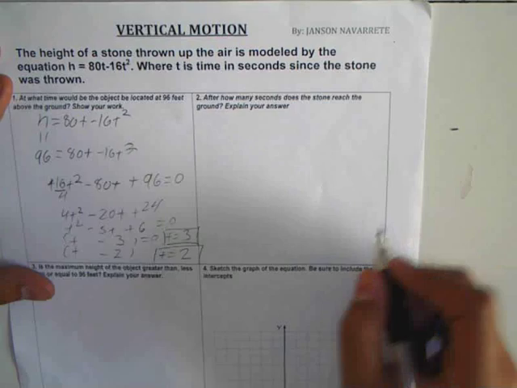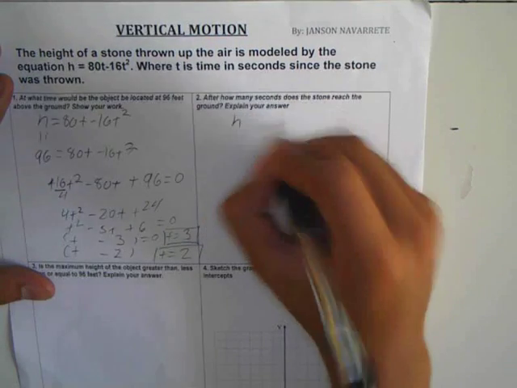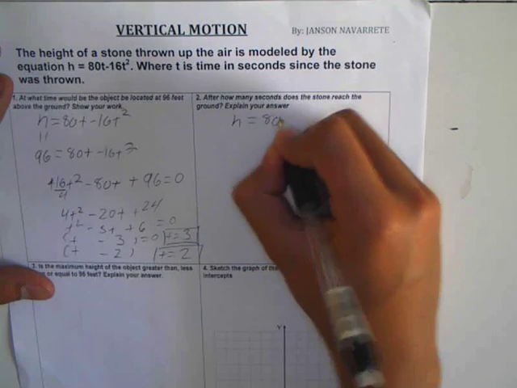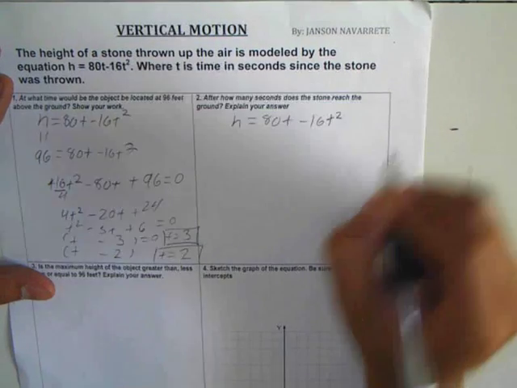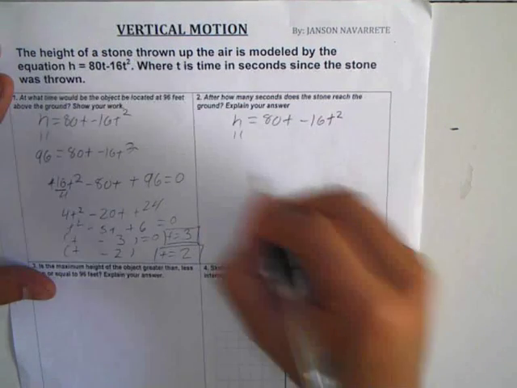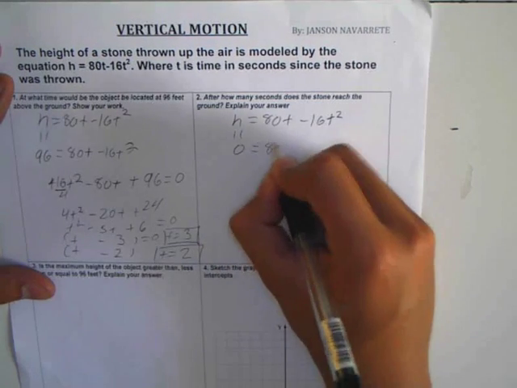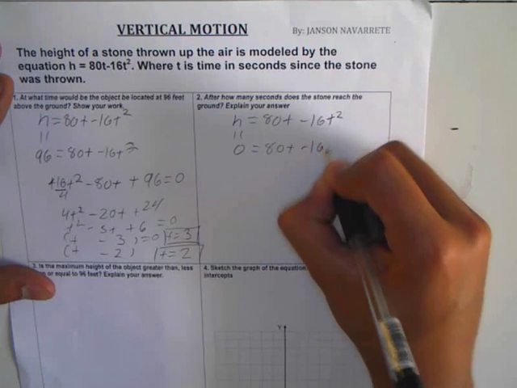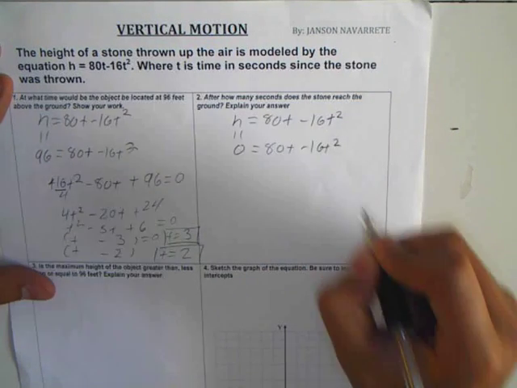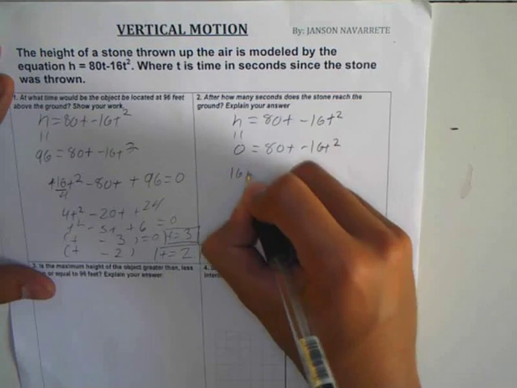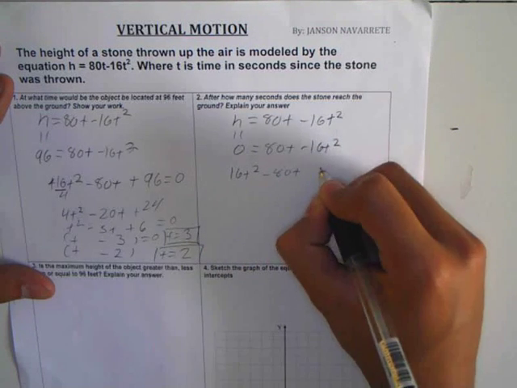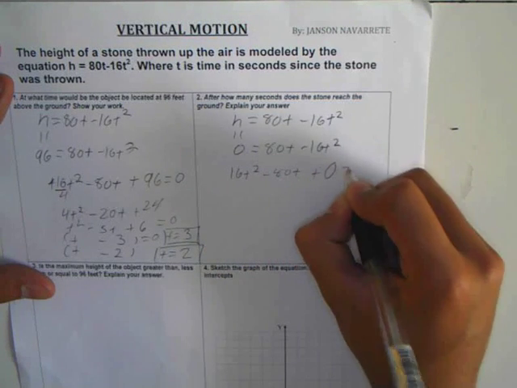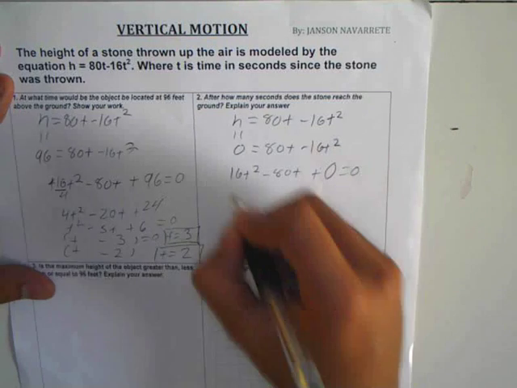Explain your answer. Well, we write the formula once again. Now we substitute h, height, for 0. We move everything to the left side. We factor everything out.